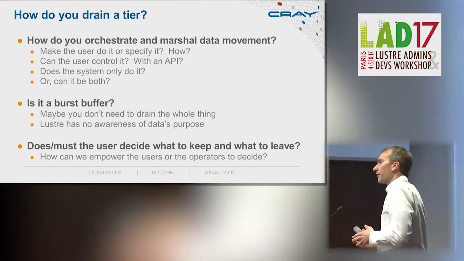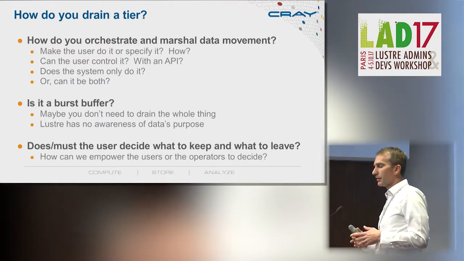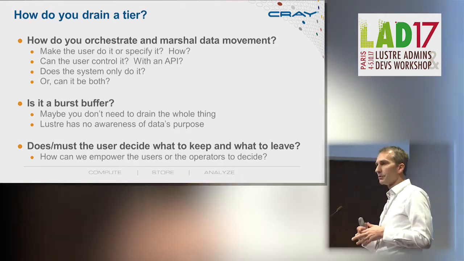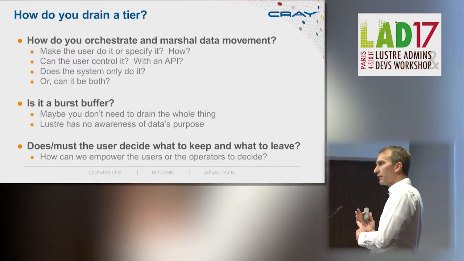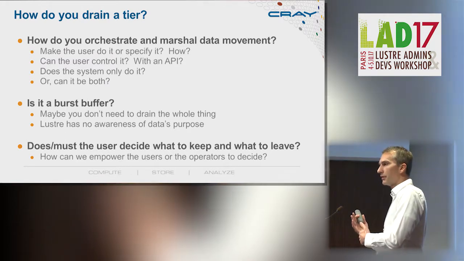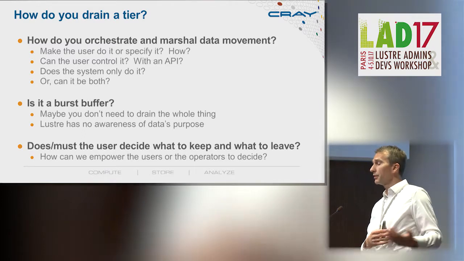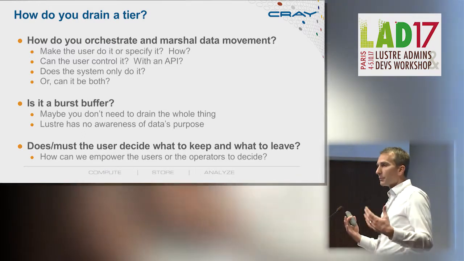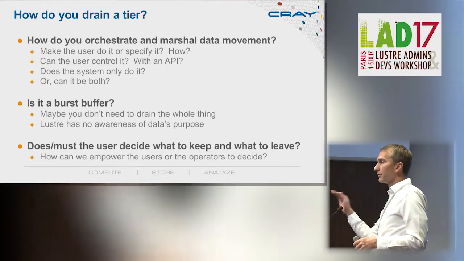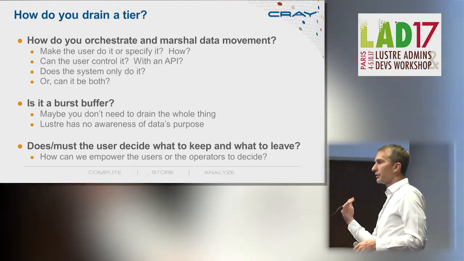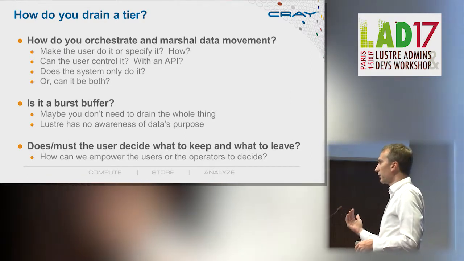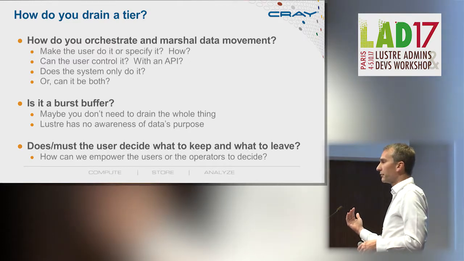And then another thing to think about when dealing with these tiers of storage is how they're used. Is this going to be a burst buffer? If so, you may want to treat it differently than if it's just a general purpose OST. If it's a burst buffer, perhaps you don't need to drain the whole thing. Maybe you just have some temporary files that are a temporary checkpoint restart.